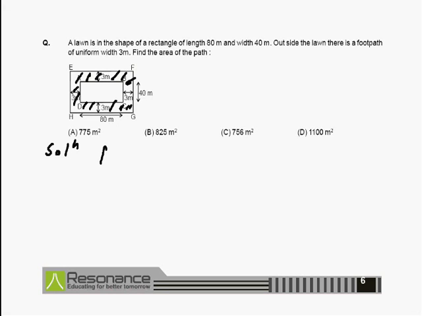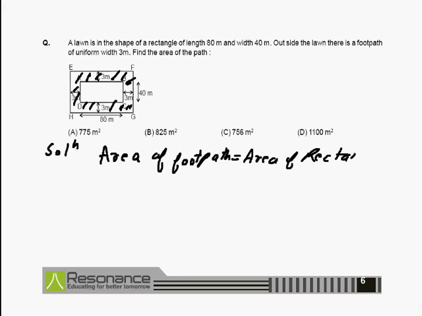So the area of the footpath is equal to the area of rectangle EFGH minus the area of rectangle ABCD.